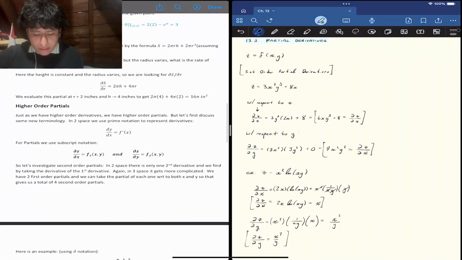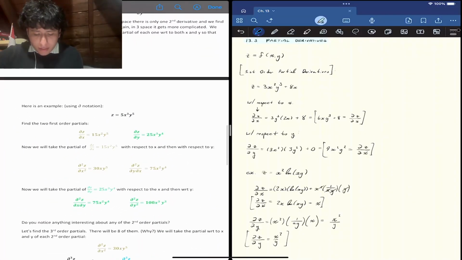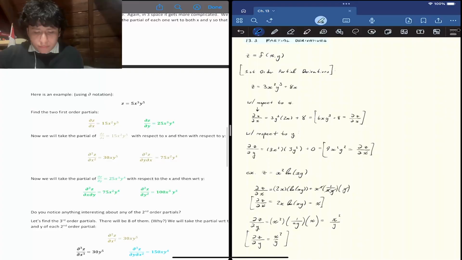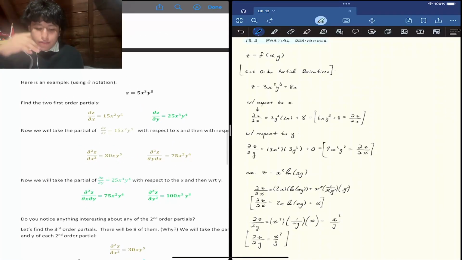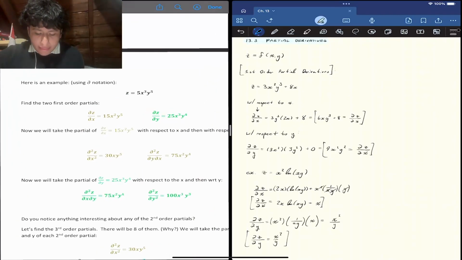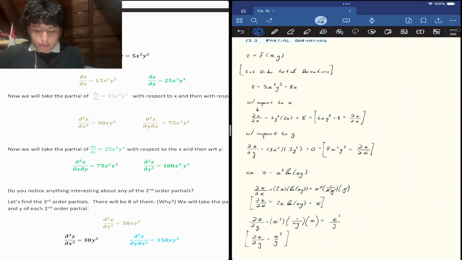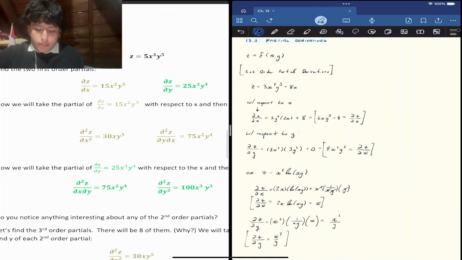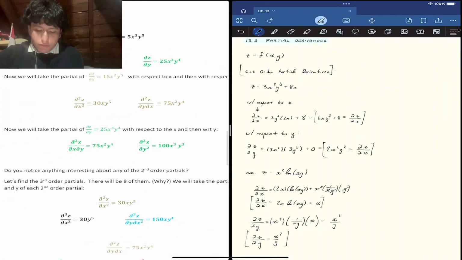Higher order. This is where it gets just a little funky. Realistically, we start with this original function. We take the first two first order partials of x and y, and then afterwards you take the partial of both of these. For the first one, you take the partial with respect to x and then with respect to y.